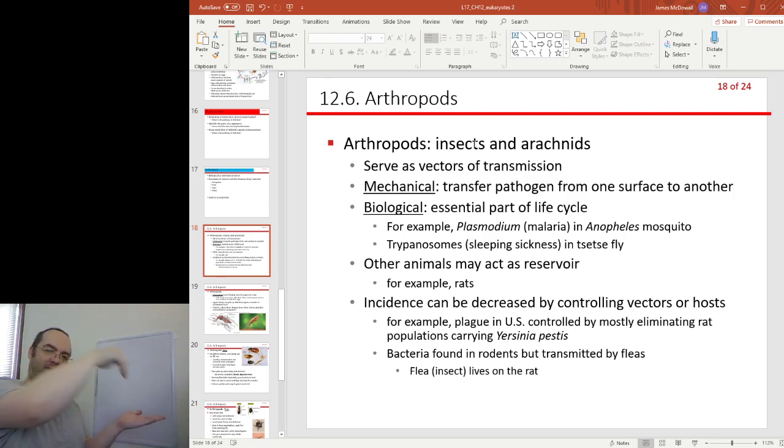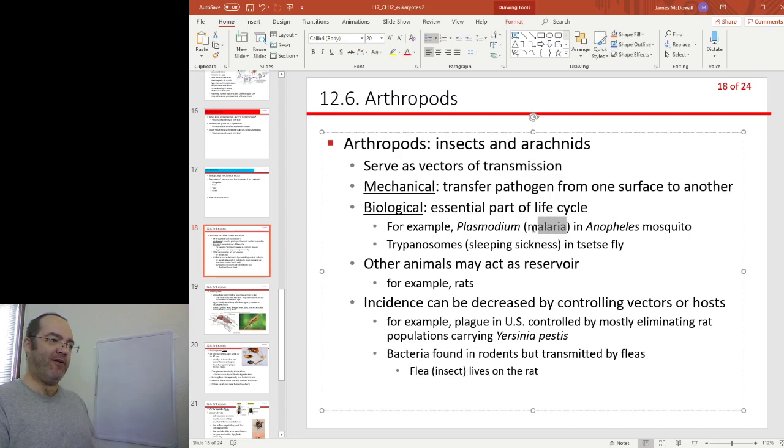It's a mechanical vector. A biological vector is when the arthropod is an essential part of the life cycle of the parasite. A good one is the malaria parasite, Plasmodium.